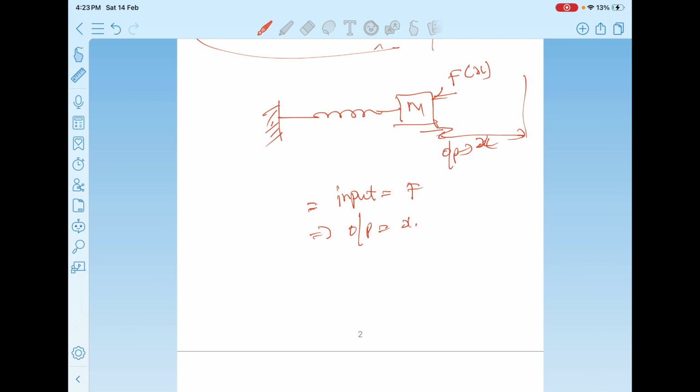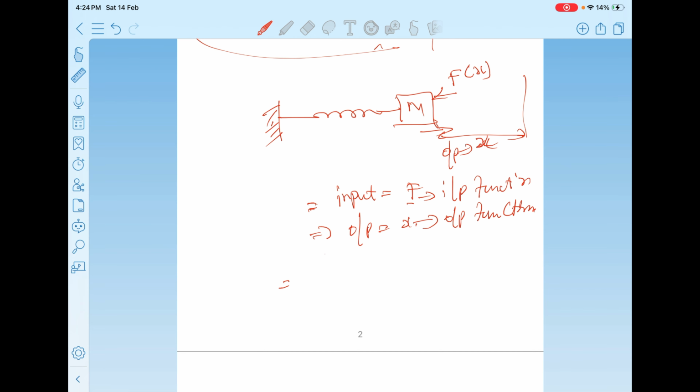But you cannot just divide input by output, because first we have to understand the response of input and the response of output. So before taking force directly as input and distance as output, first we have to write them in mathematical terms, and the response of the system should be understood. That is called the input function, and the definition of output x in terms of the output function.